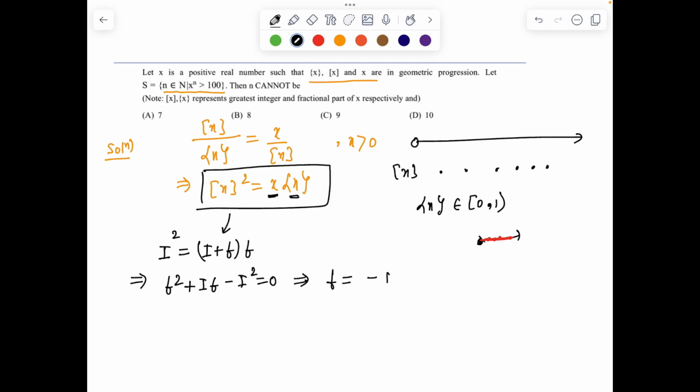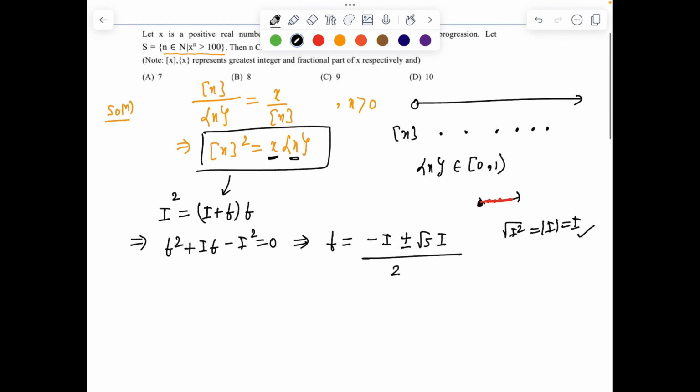So f is minus b plus or minus the root of b squared minus 4ac, over 2a, which gives minus I plus or minus root 5 times I, over 2. In fact, the root of I squared is not I but mod I. And since x is positive, the integer part is positive, hence I can write it like this.